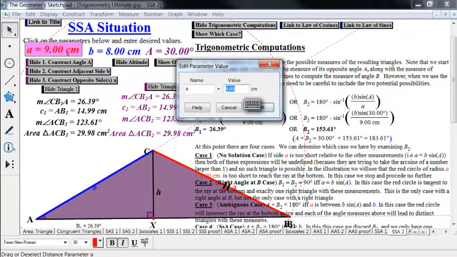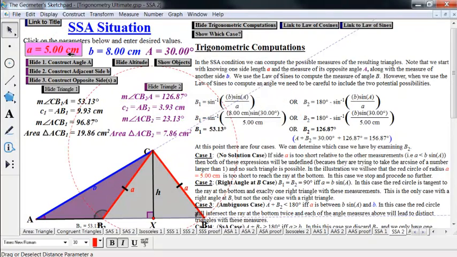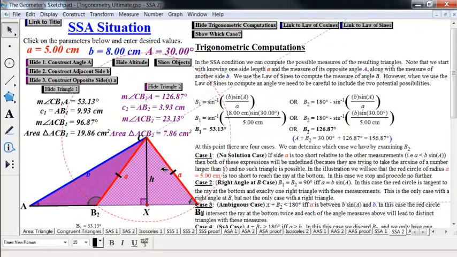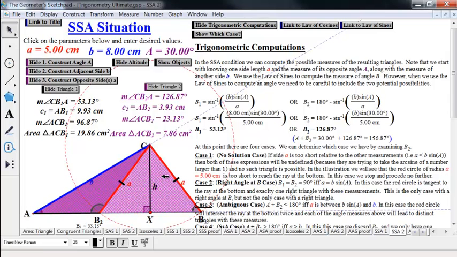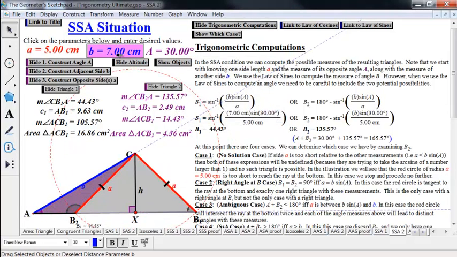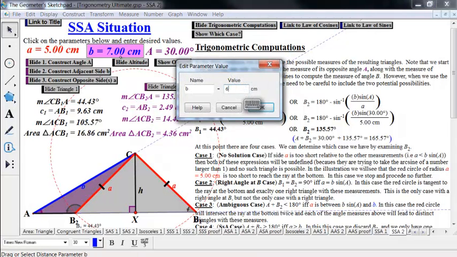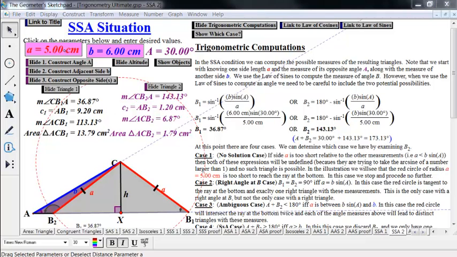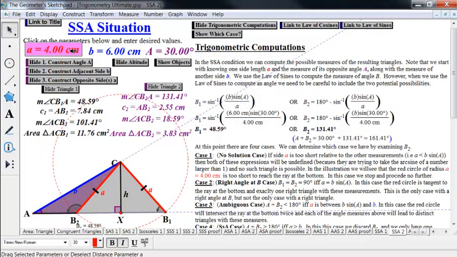Let's go back to an ambiguous case. Let's go back to 5. Let's make the whole thing a little smaller. How about that? There's a good example. Okay?